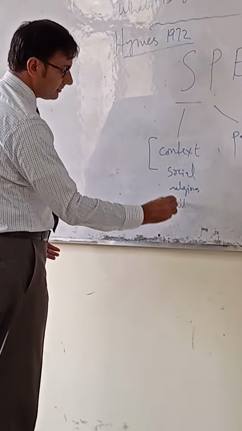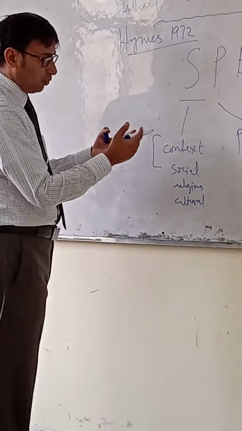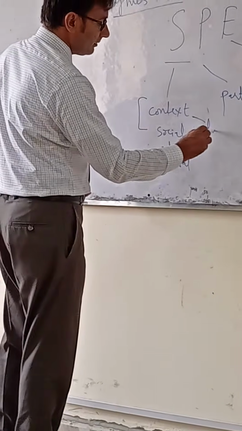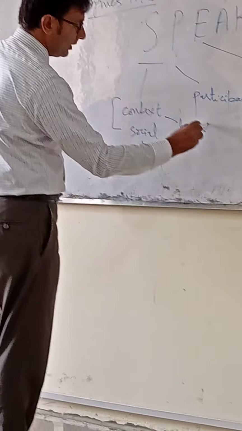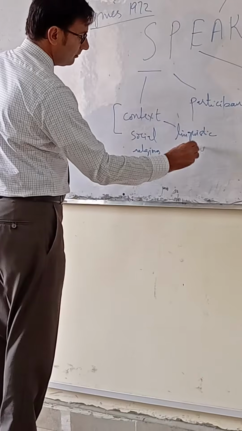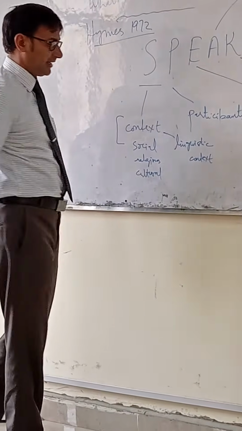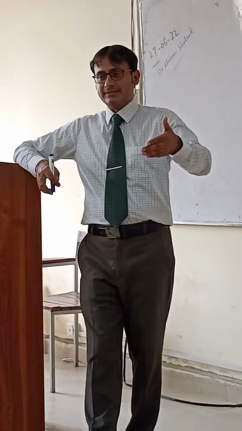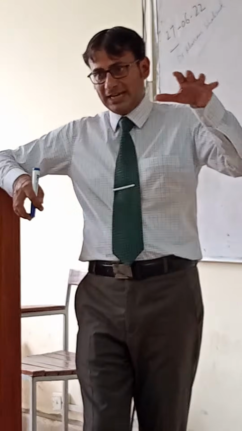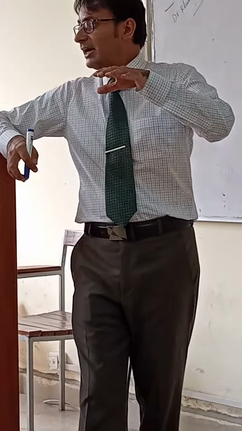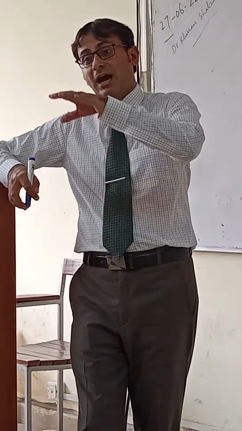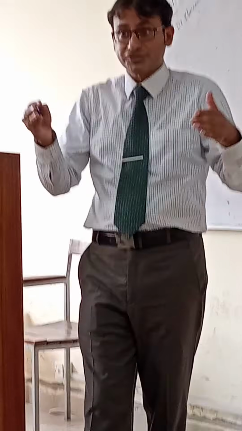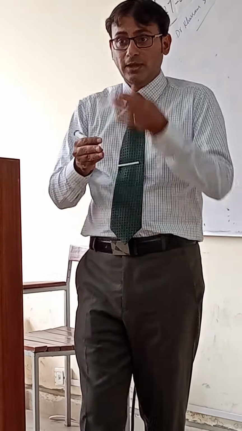Cultural context. Culture is also part of the society. Okay? But linguistic context as well. Linguistic context, meaning the kind of words and sentences which are coming before that particular sentence, and the kinds of words and sentences which are coming after that particular sentence. They provide you with a linguistic context.